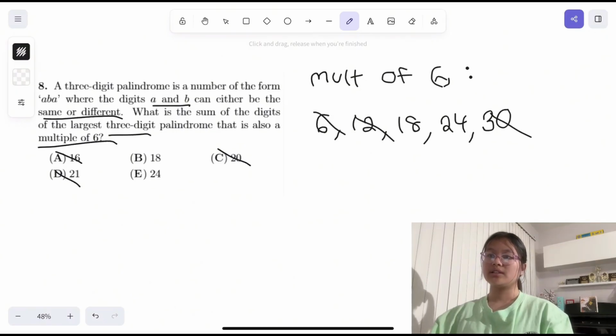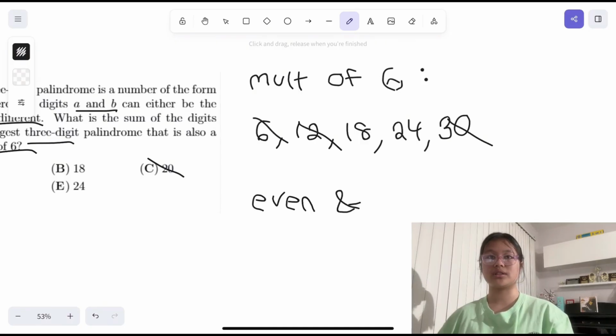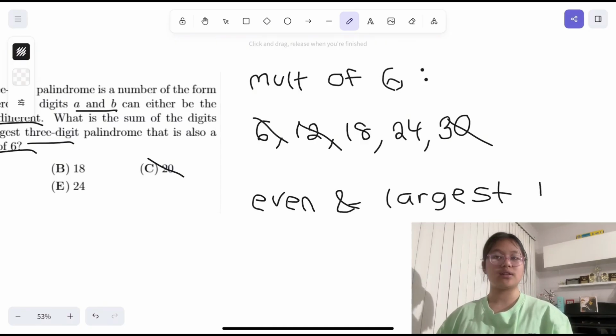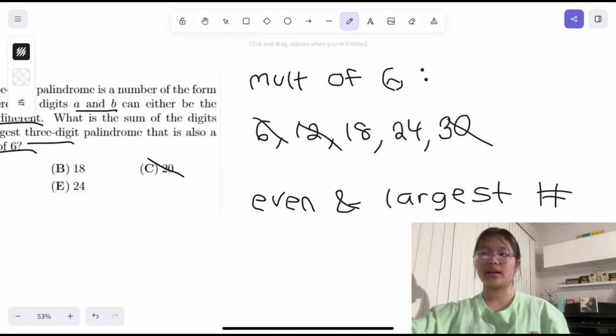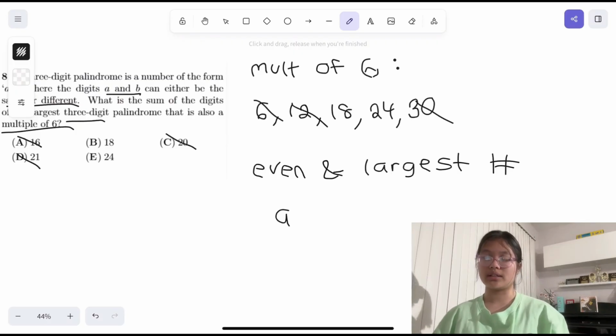Alright, so then now we can get the even and the largest 1-digit number. And the largest even and 1-digit number is 8. So 8 could equal 8. So since ABA, we can do A equals 8, so 8 plus 8.